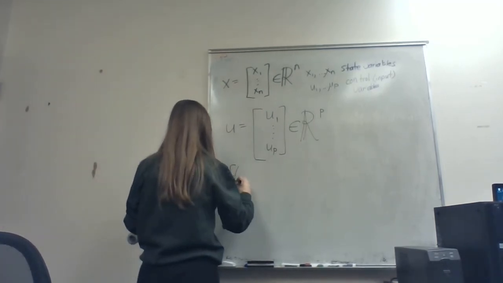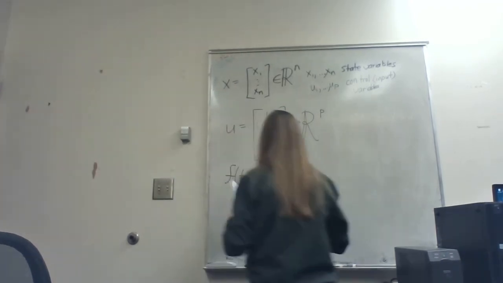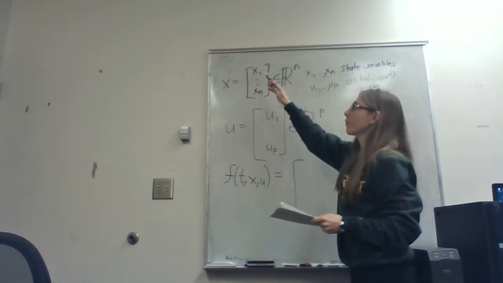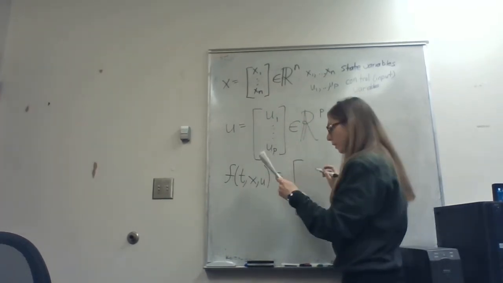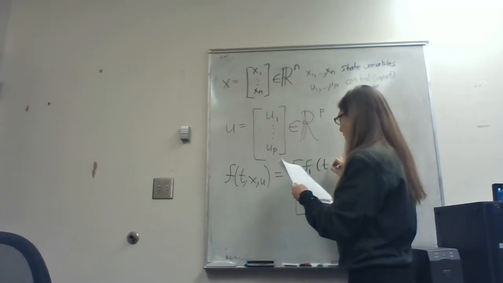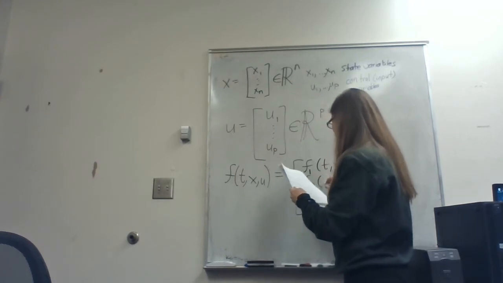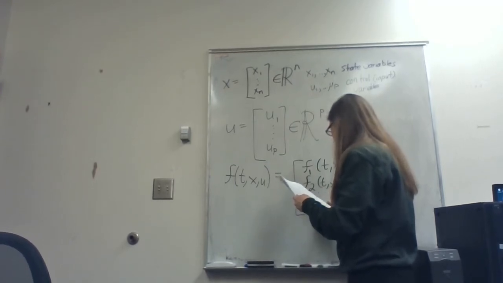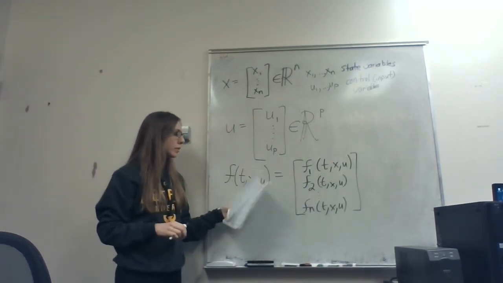And then we're also going to denote f of t, x, u as a vector function. So it's a function of the time t, the whole vector x, so it can be a function of any of the components of x, and also of u, so it can be a function of any components of u. When we write this, what we mean is a vector function, where each entry is a function of the different variables: t, the vector x components, and the vector u components.